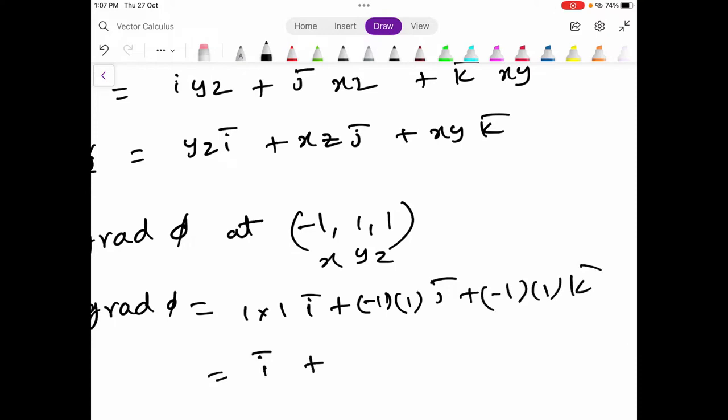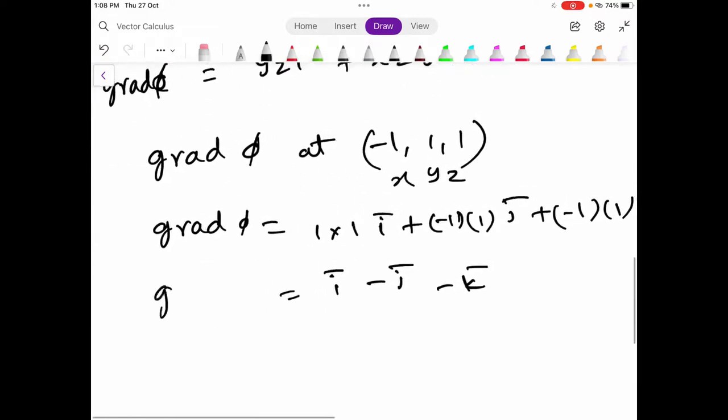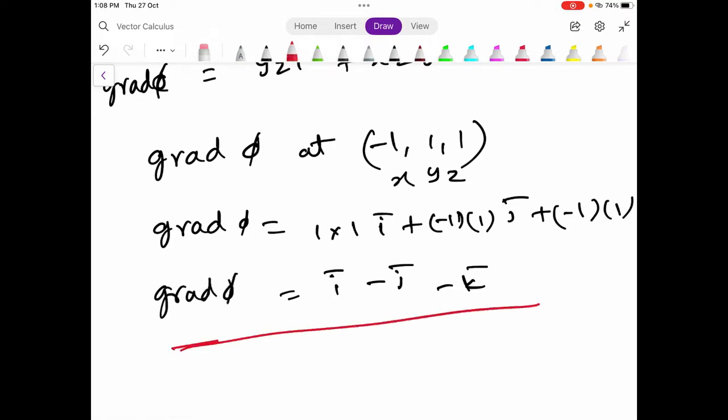That is i bar minus j bar minus k bar. So this is the gradient of phi, and this is the answer.